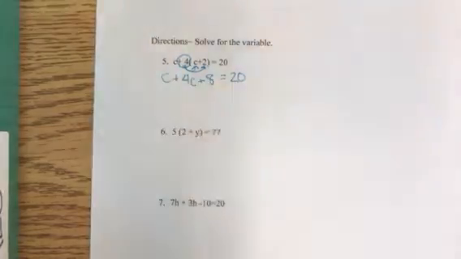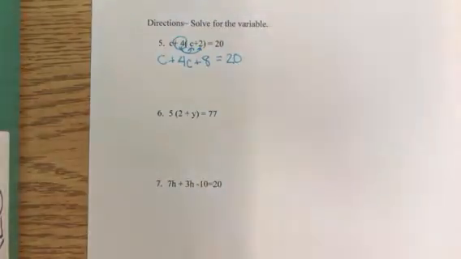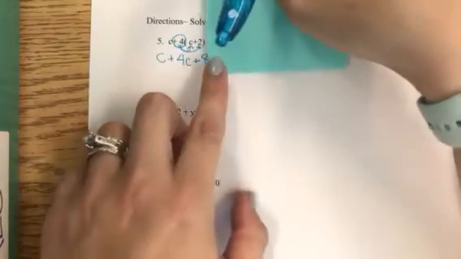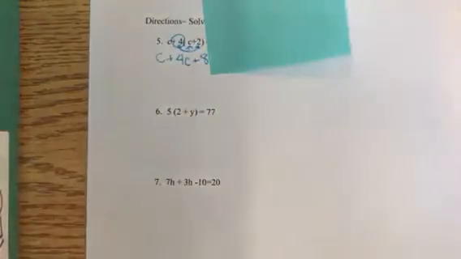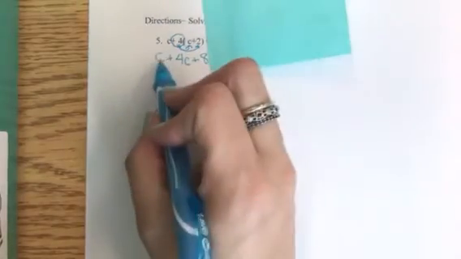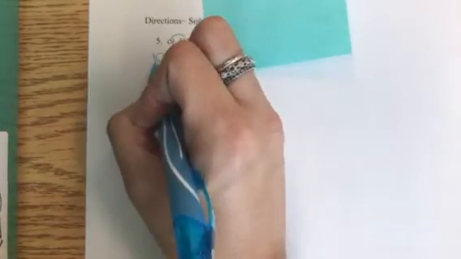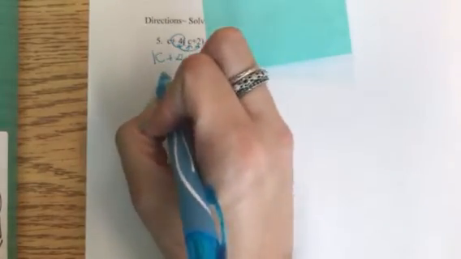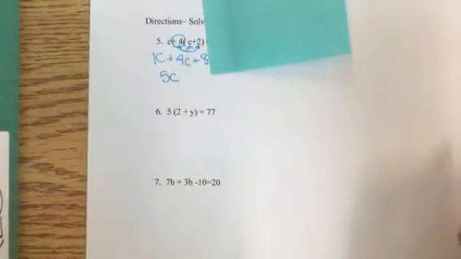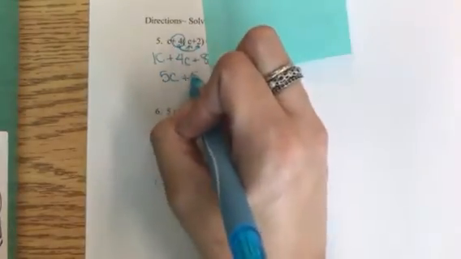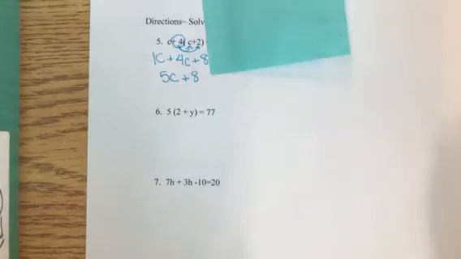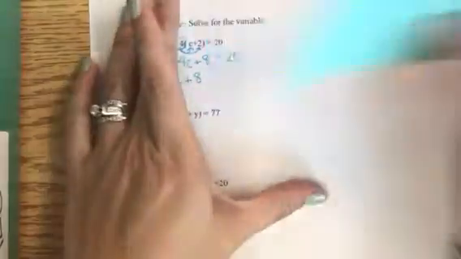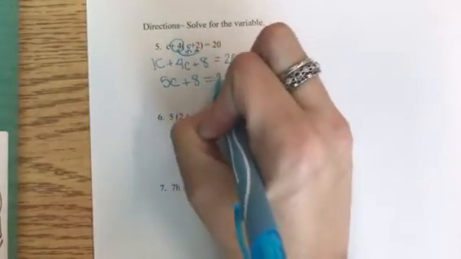Okay, so I got everything else coming down. If you chose to ignore this equal sign, you might not see that equals 20 and bring it down. That's okay. So c plus 4c, this is really a 1c plus a 4c, which will give me a 5c plus 8.